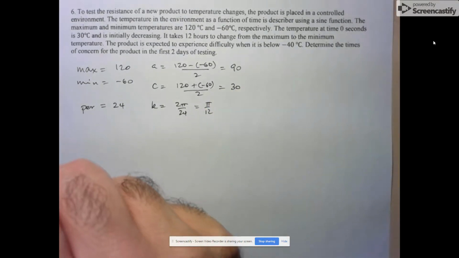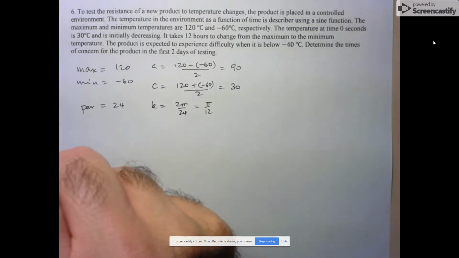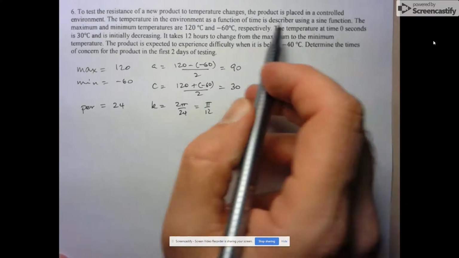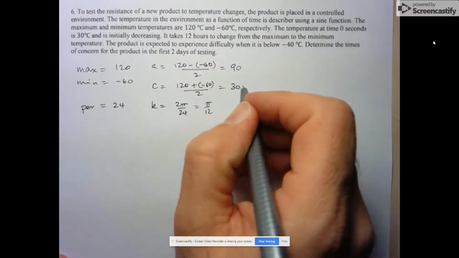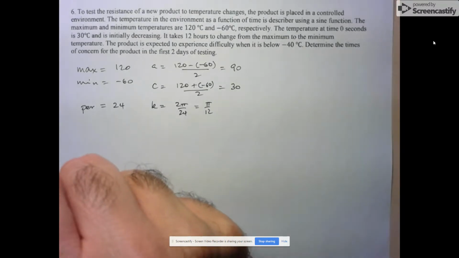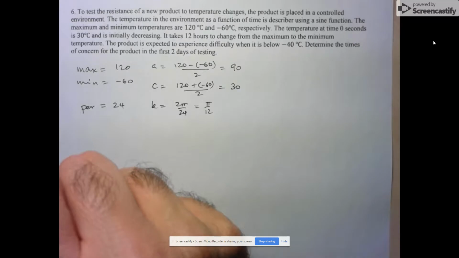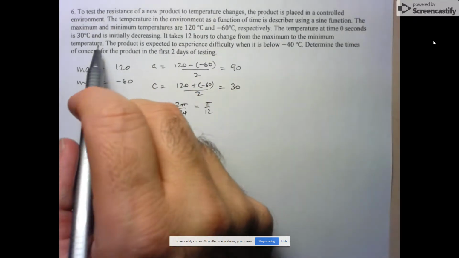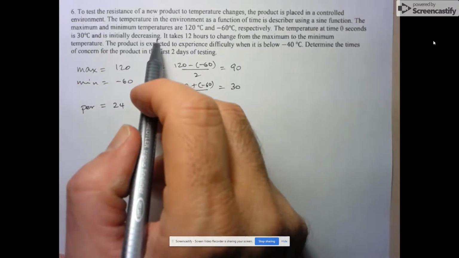Okay, so now let's figure out what our parent function should be. And I notice here that at time 0, we're starting at 30 degrees Celsius, which happens to be exactly where our axis is located. So we think what function starts at the axis, it's sine. But something very important to notice is that it says that we're starting at 30 degrees and decreasing first.